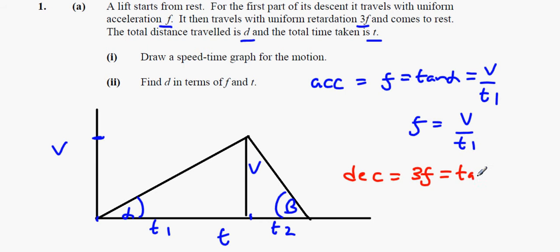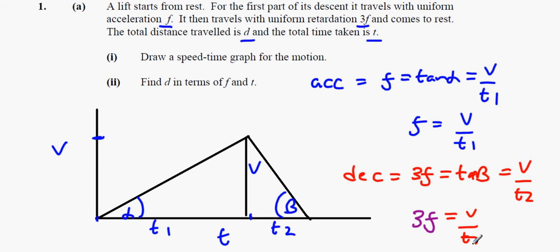Tan beta is opposite over adjacent, which is v over t2. And what we're going to get is 3f equals v over t2.